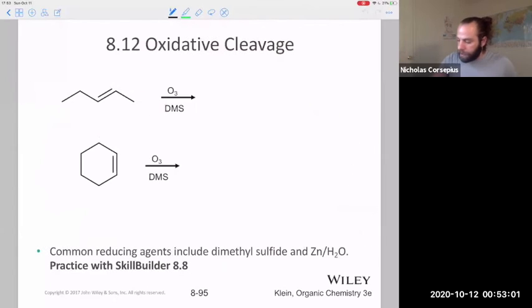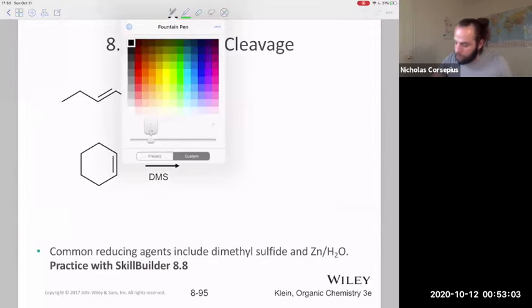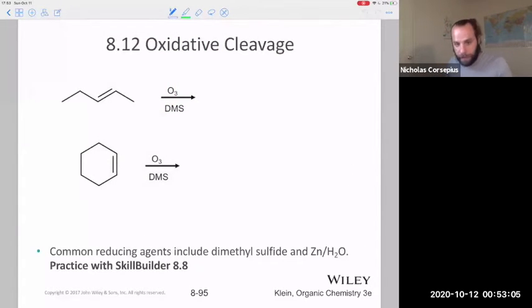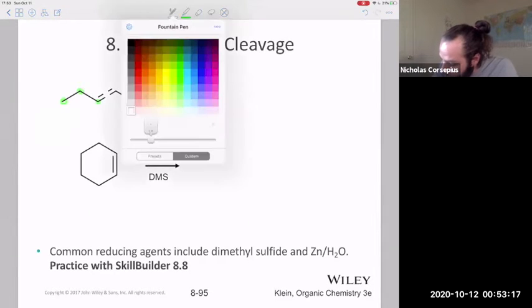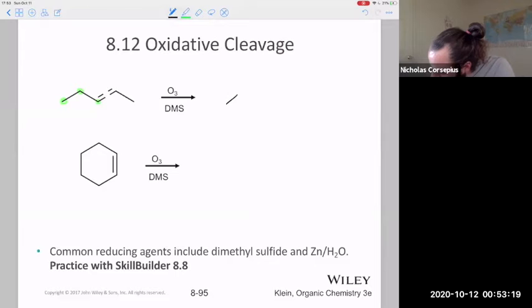Okay, so then let's take a look at how we predict products. These actually really aren't too bad. Two different cases. So again, we're literally chopping that double bond. So one fragment will be this 3-carbon product here. So 1, 2, 3, with a carbonyl group at the end.